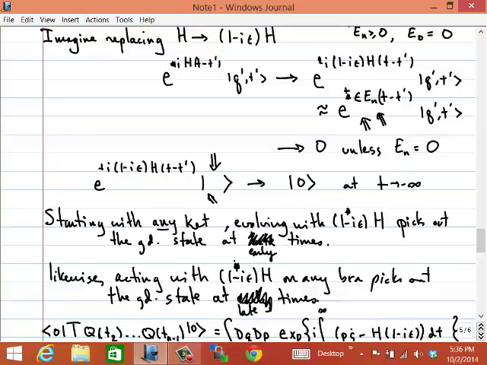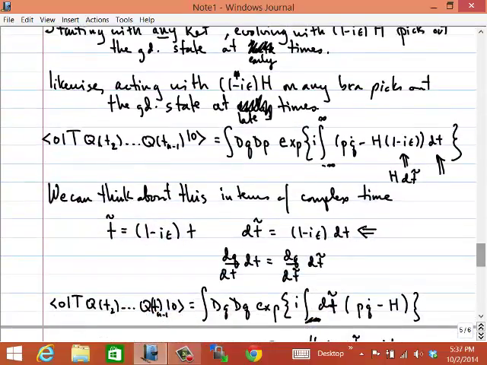If we had decided to compute not the bra at late time and the ket at early times, but the bra at early time and the ket at late time, I would have needed the operator e to the 1 plus i epsilon H, not 1 minus i epsilon H. Good. Sorry about that.